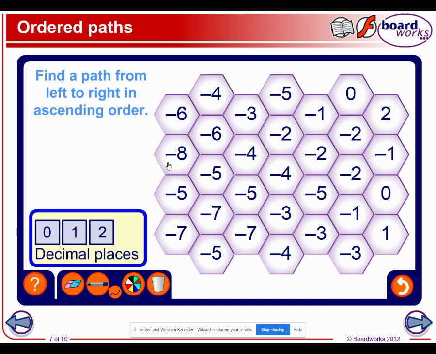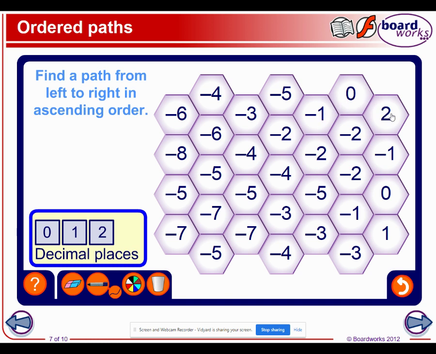So how about we try -8? So -8 to -6. -8 is smaller than -6. -6 is smaller than -4. -4 is smaller than -2. -2 is smaller than -1. -1 is smaller than 0.